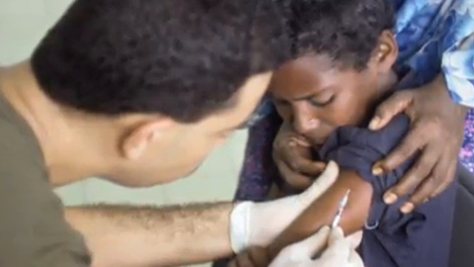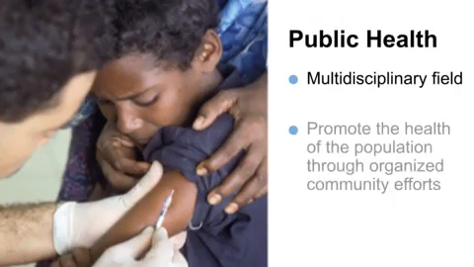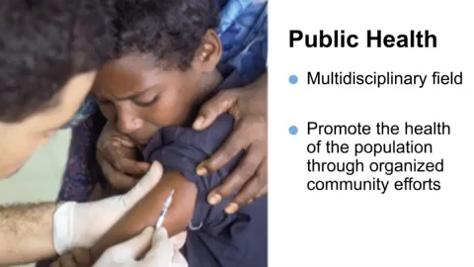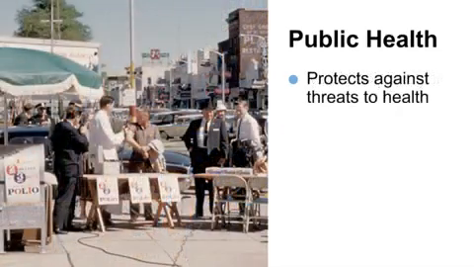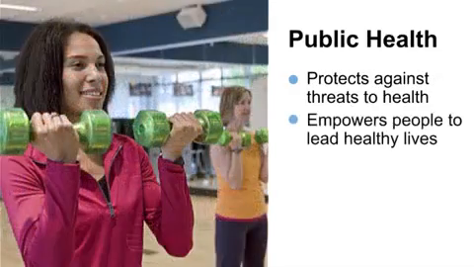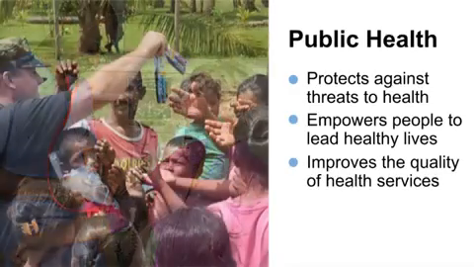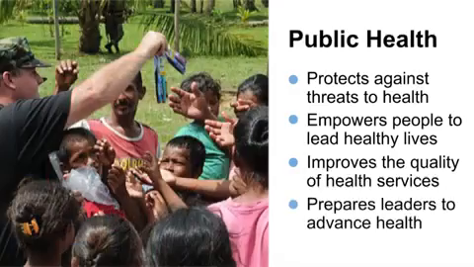Public health is a multidisciplinary field whose goal is to promote the health of the population through organized community efforts. Public health protects against threats to health, empowers people to lead healthy lives, improves the quality of health services, and prepares leaders to advance health.